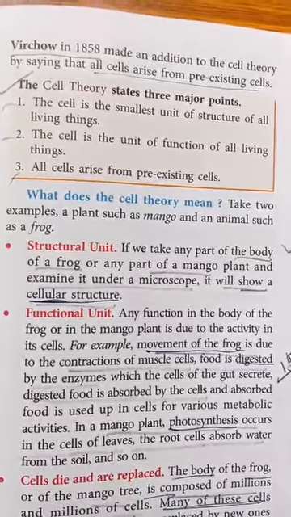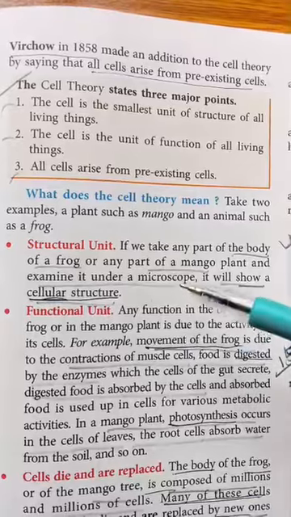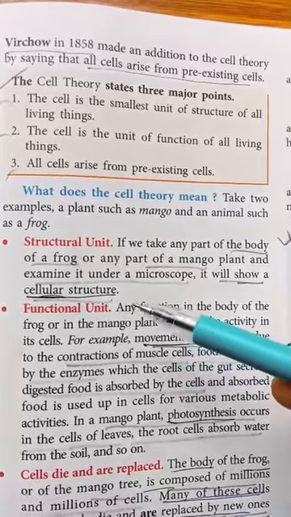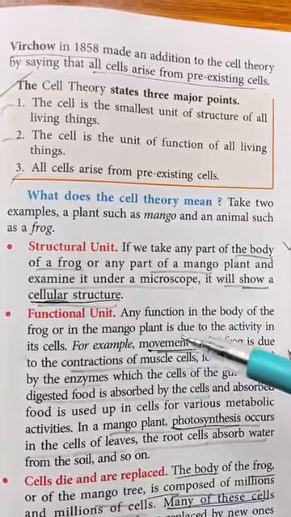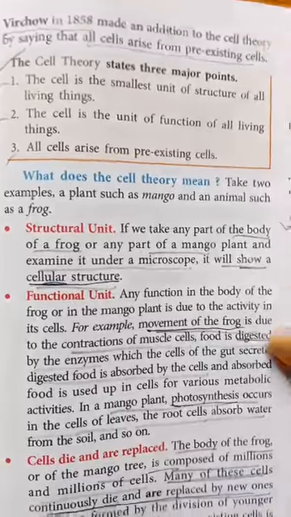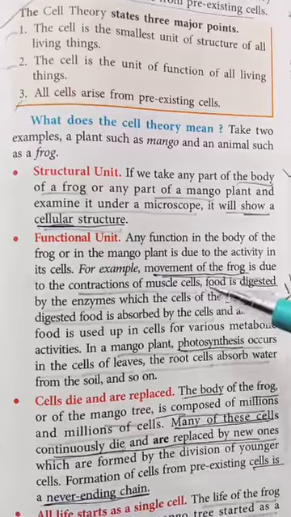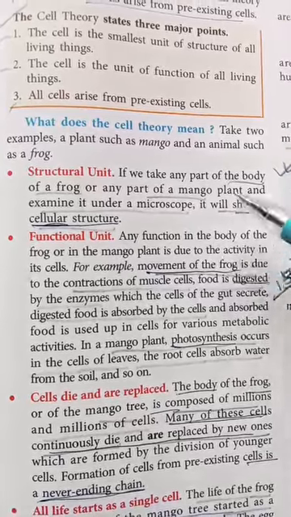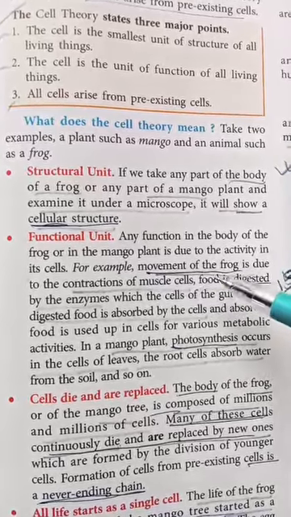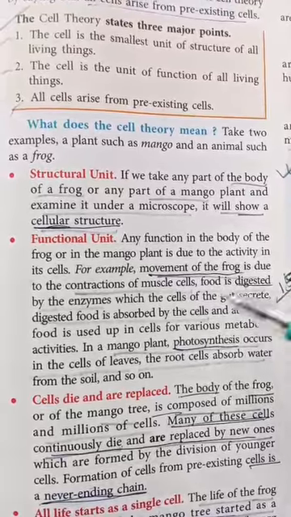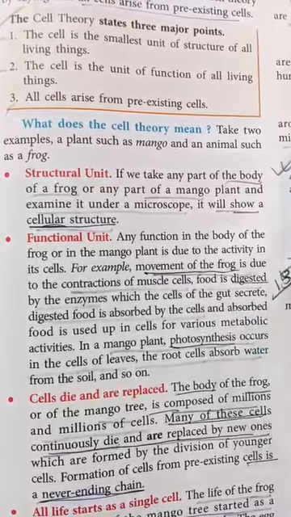What does cell theory mean? The structural unit is the cellular structure, the cellular shape. Then the functional unit: cells perform many functions, for example in a frog, movement, digestion, and contraction of muscles.